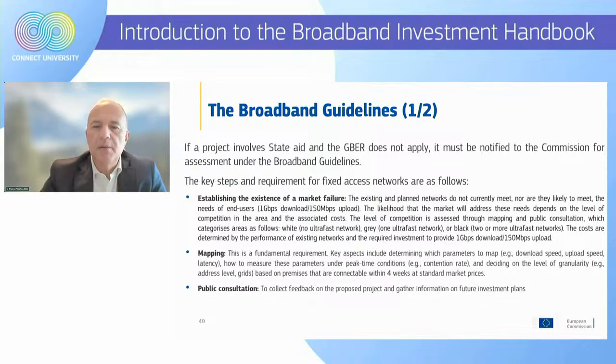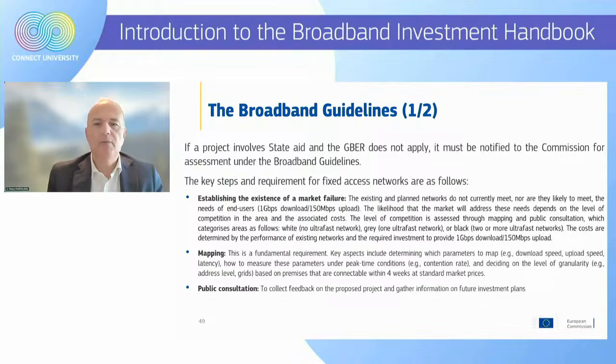This means, aligning with the new digital decade policy target, when there is no network existing or planned providing 1 gigabit in download and 150 megabit upload. So if there is no network providing this, we consider that end user needs are not addressed, hence there is the possibility for the state to intervene.